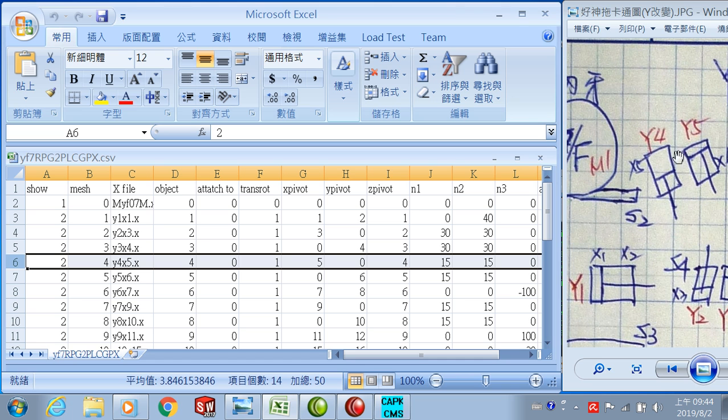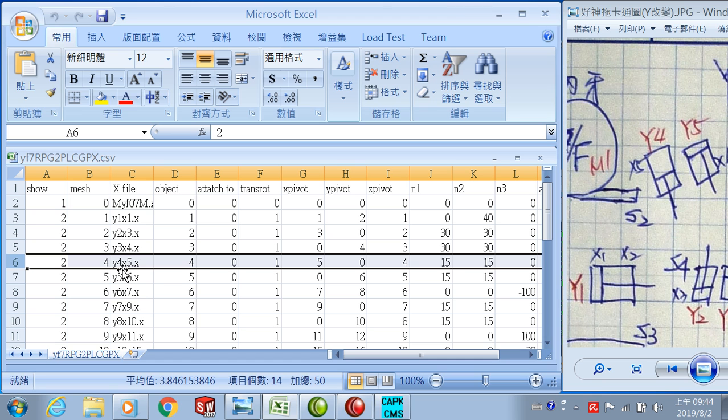Y4, S5. The I/O input 5 is the lower limit sensor number. The upper sensor, nothing. Actuated by opening Y4. The moving: as Y4 is on, the piece moves S15, Z15, 45 degrees moving.